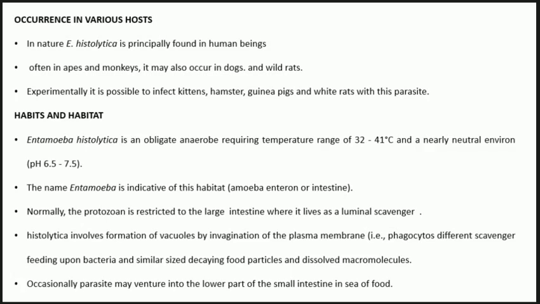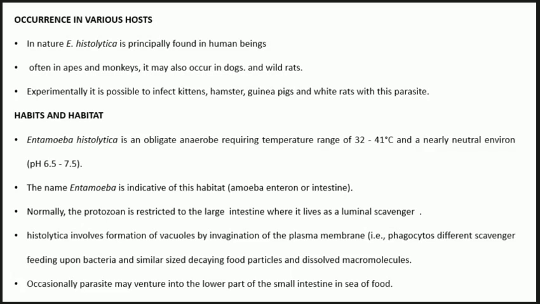Why experimentally? The reason is, if you want to study them, you have to infect some animals. Guinea pigs, hamsters, and white rats are lab animals, and by infecting them you can do different experiments related to Entamoeba histolytica and its effects within the intestine of these animals.